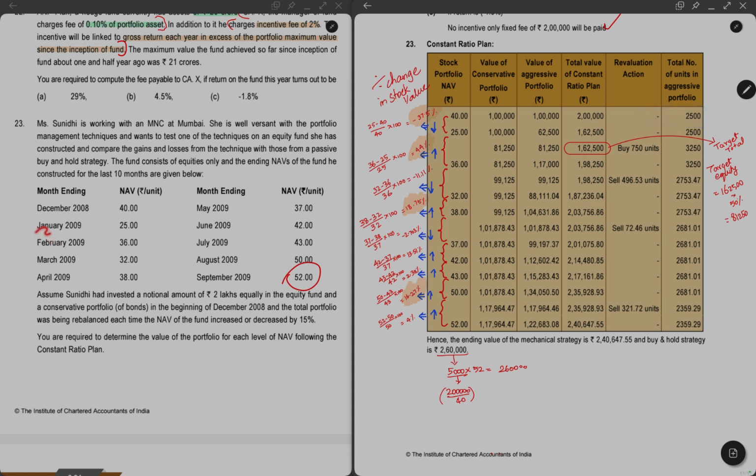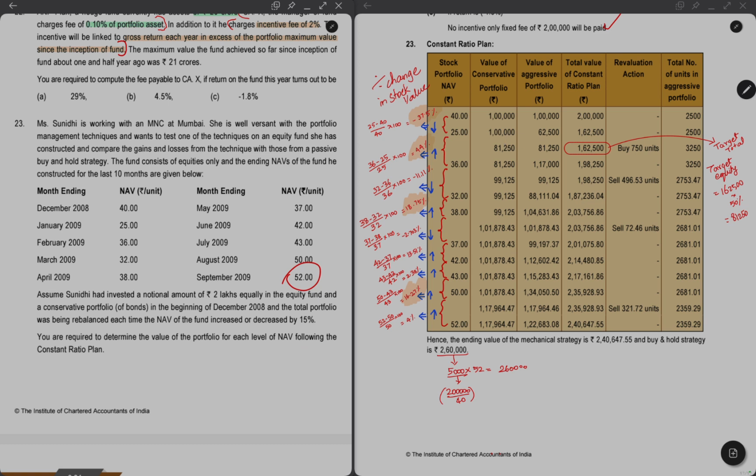Now the second, as on January, after a month, the NAV became 25, and if we check the change in the percentage, 25 minus 40 by 40 into 100, it is 37.5% change. Hence it triggered the rebalancing.